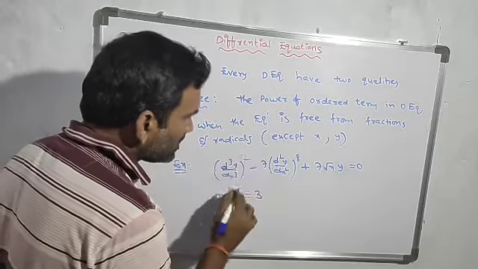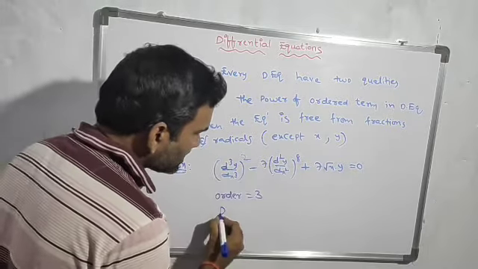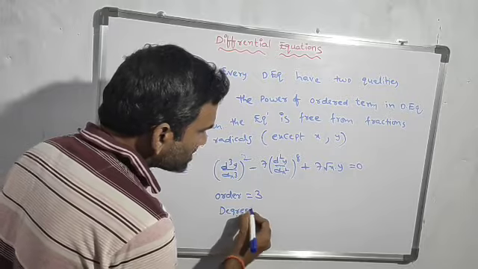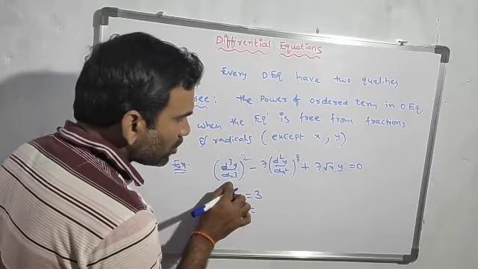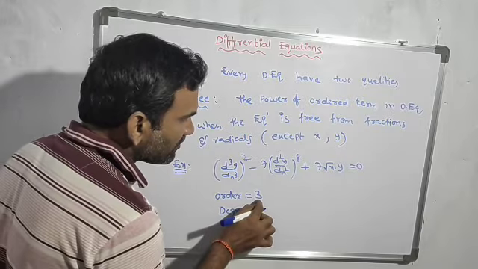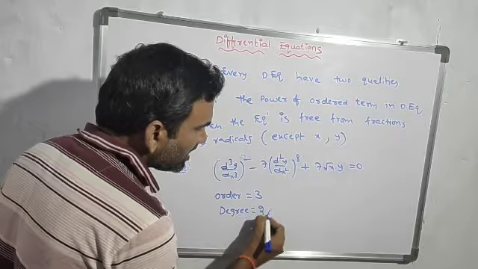For example, here this power is 2. So what is the degree? You are taking the order according to this term. The highest derivative present in the differential equation is 3, so order is 3. This power is 2, so degree is 2.